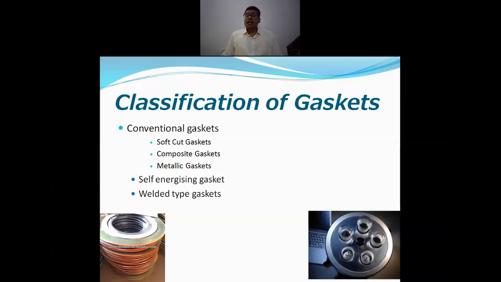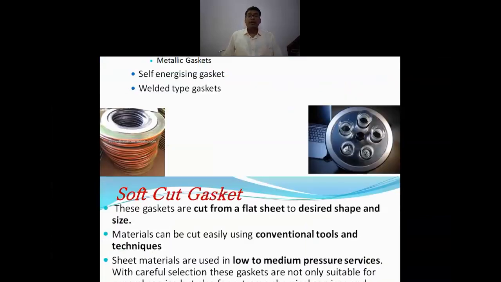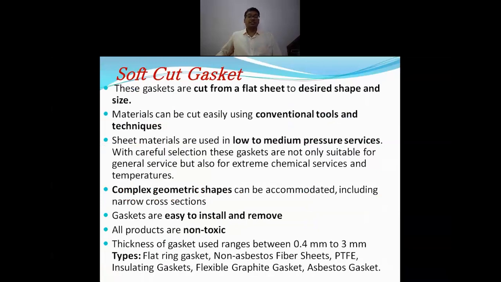So these conventional gaskets incorporate most of the categories. Then there are the self-energizing gaskets and welded type gaskets. These soft cut gaskets are cut from a flat sheet. Flat sheets are used for cutting and giving the desired shape and size.